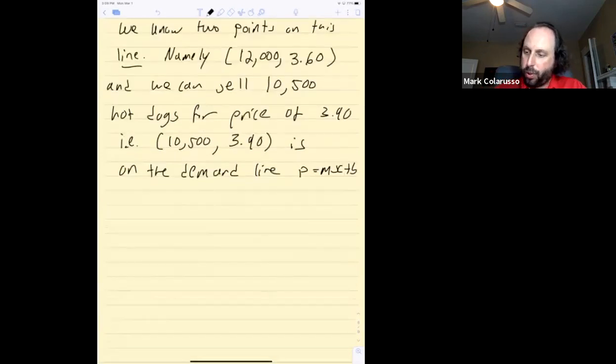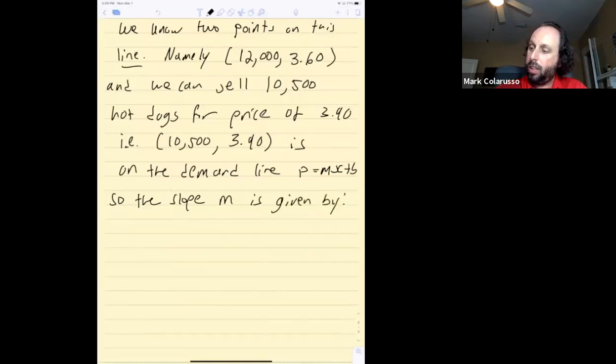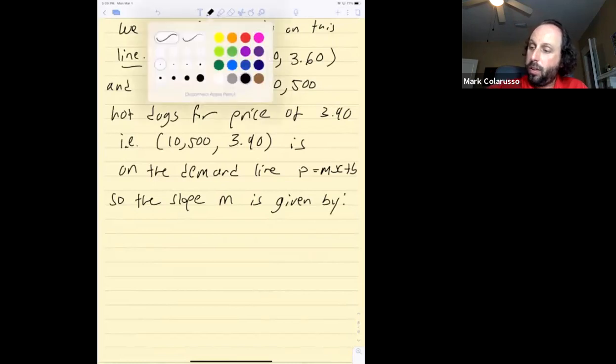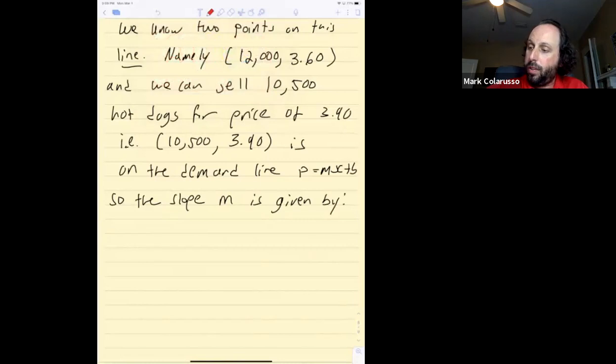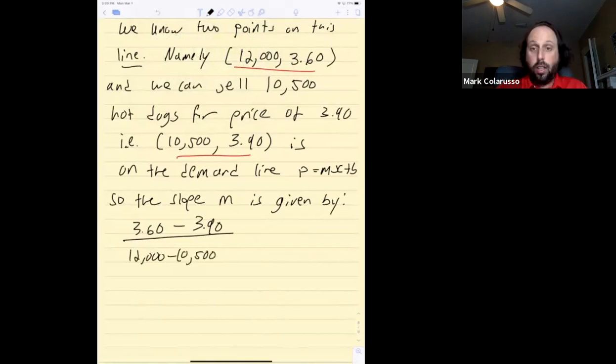Okay, so let's do this. The slope m is given by, I'll do this point first and this point second: 3.60 minus 3.90 divided by 12,000 minus 10,500 hot dogs.